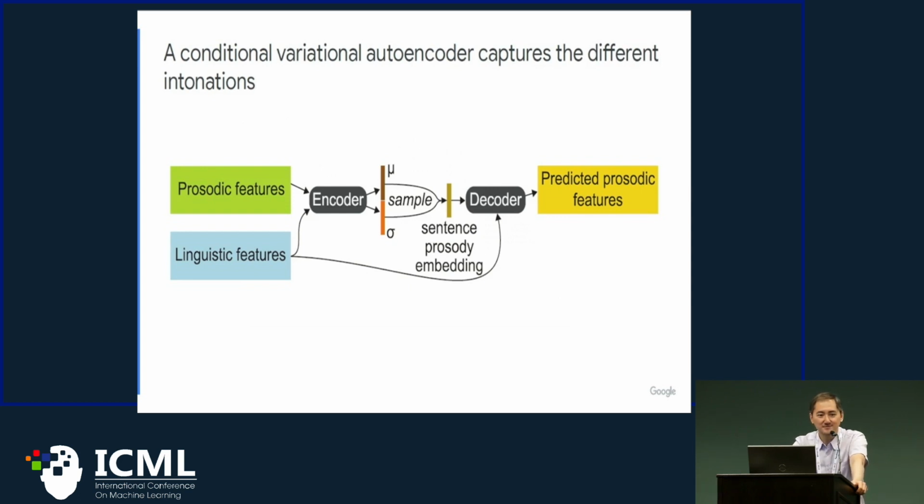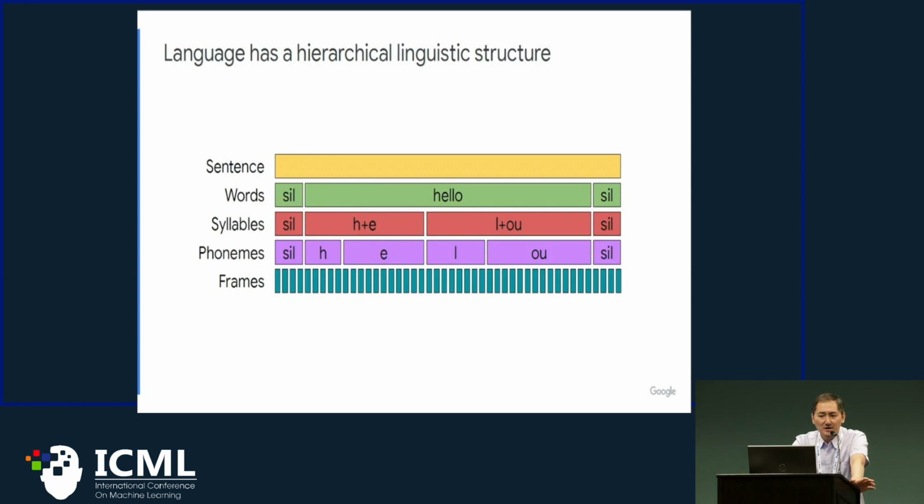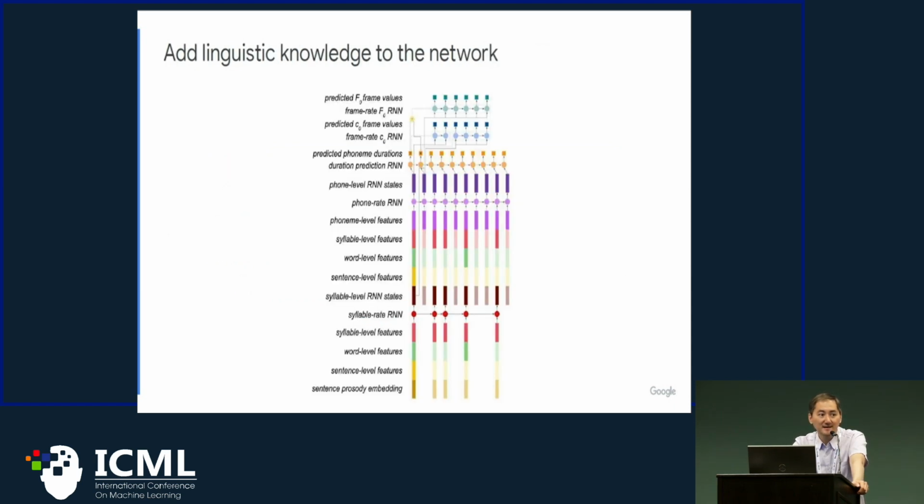And so where does the clockworkness come into this model? Right, so a sentence can be broken down into words, and each word has multiple syllables, and syllables typically can contain 1 to 4 phonemes, and then we get down to the frame level, which represents, say, 5 milliseconds of speech. And so what we want to do is to add this sort of timing into the recurrent neural network.